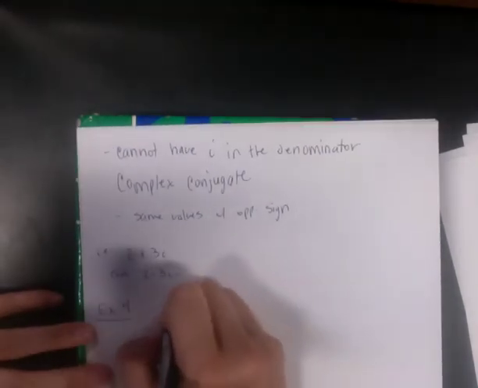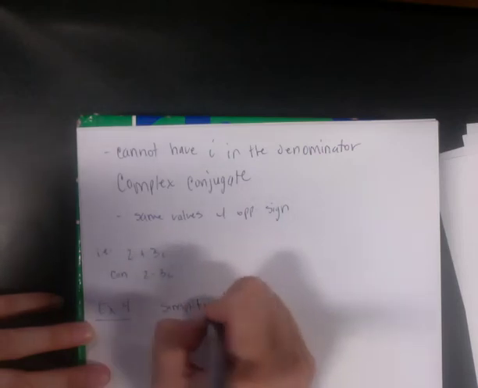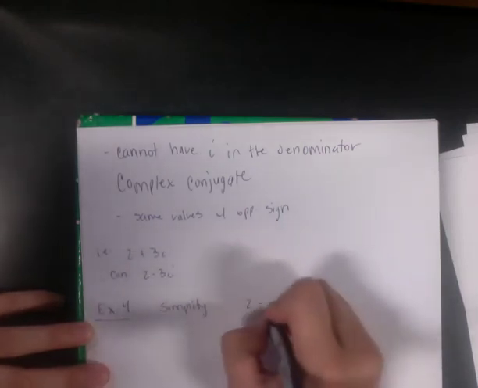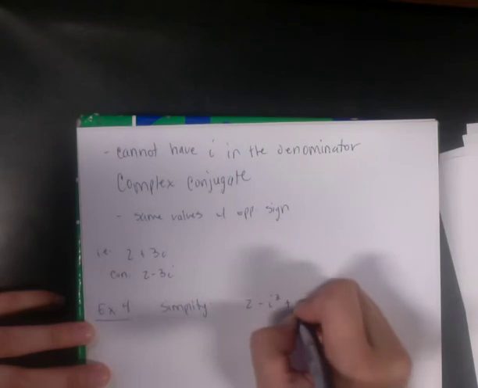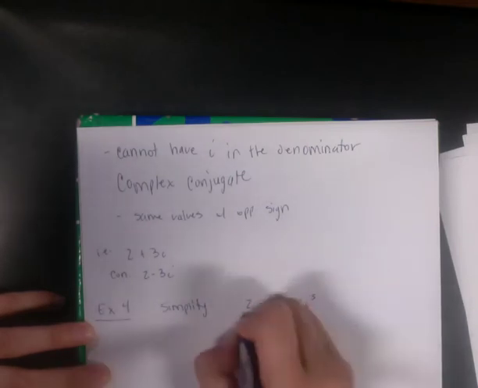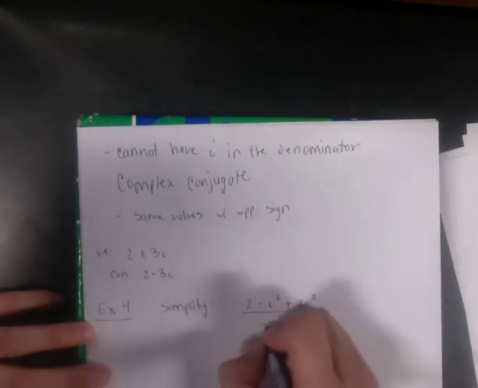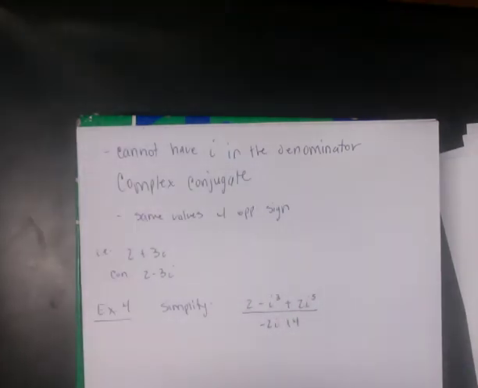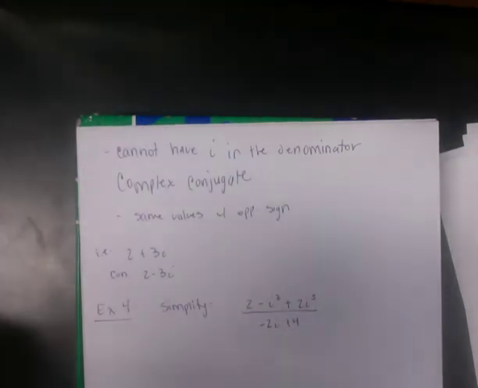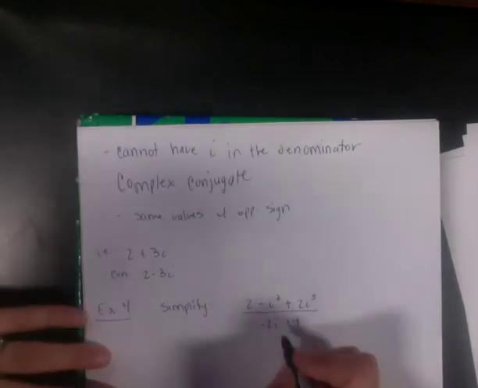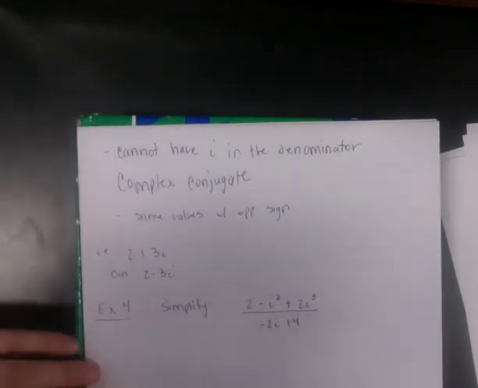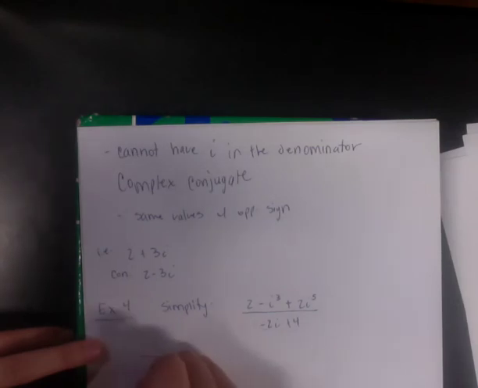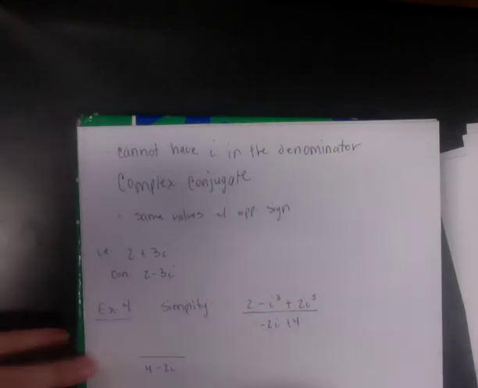Example 4, if I was to simplify 2 minus i cubed plus 2i to the 5 all over minus 2i plus 4. Okay, we got a lot happening right now. What I want to do first on the bottom is put this in standard form: 4 minus 2i.